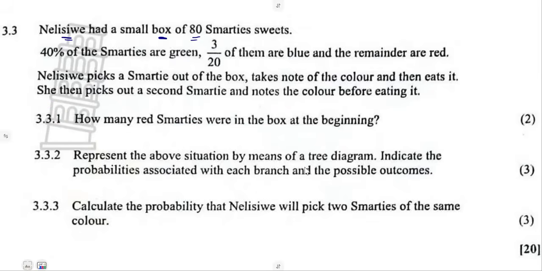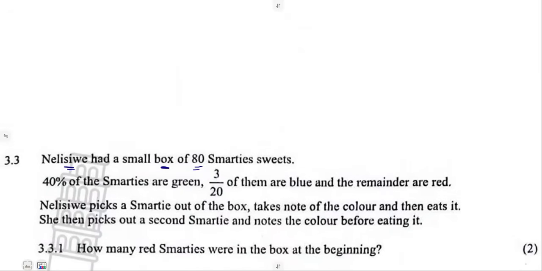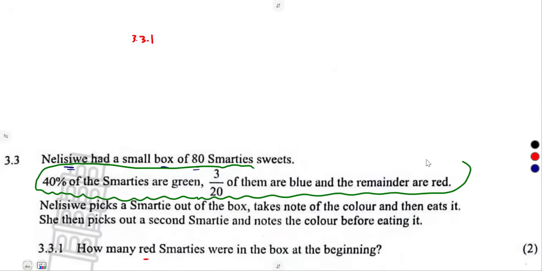To answer question 3.31, we must know how many of each color we are given, for us to know the ones that are red. So here is where we are going to obtain our answers from, because we are given that 40% are green, 3 over 20 are blue, and the remainder is red.